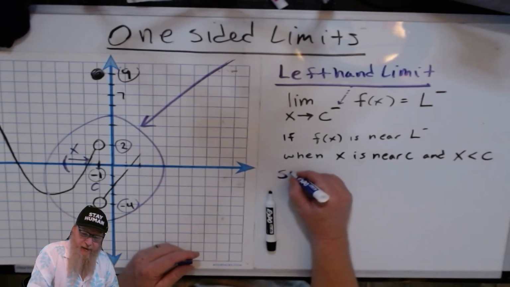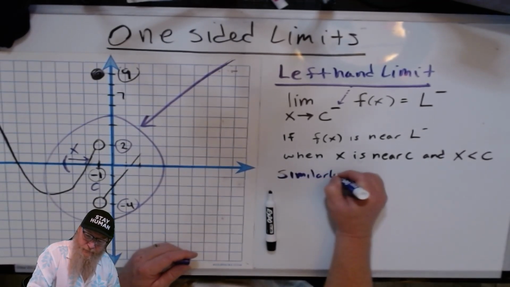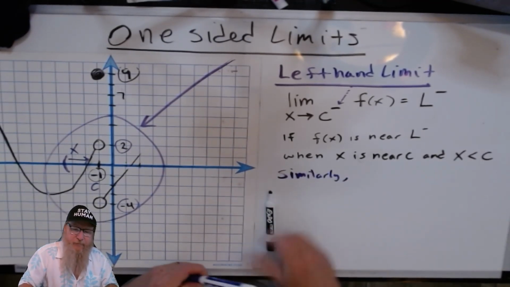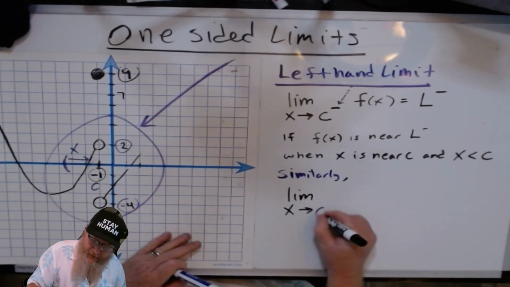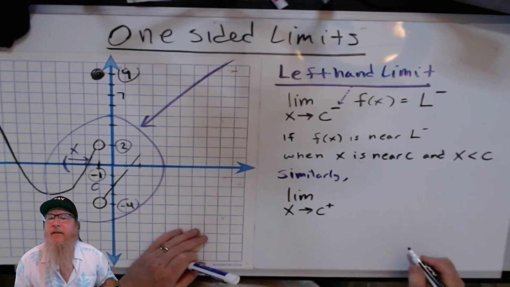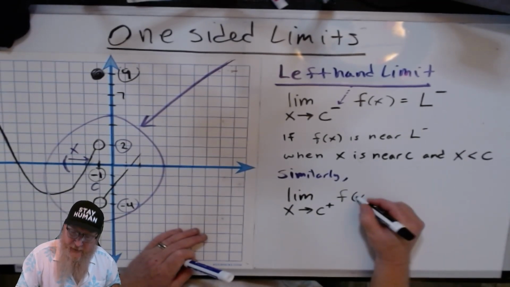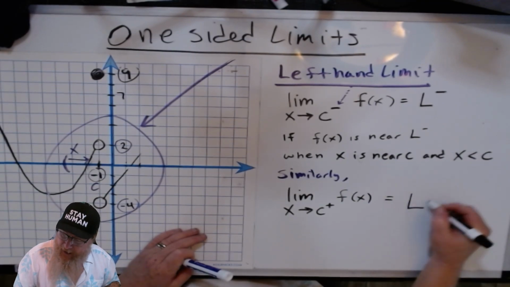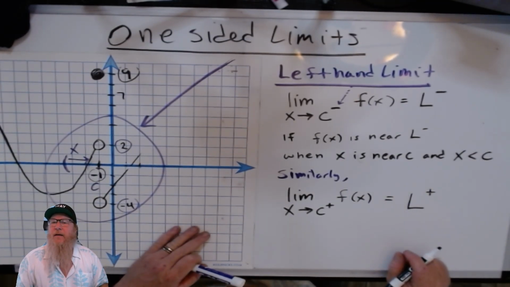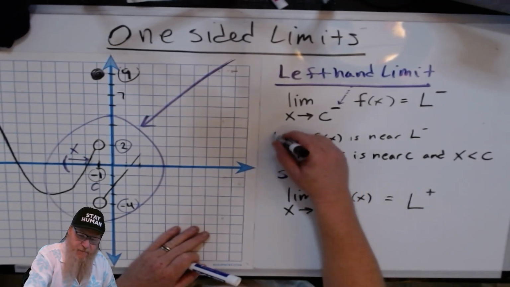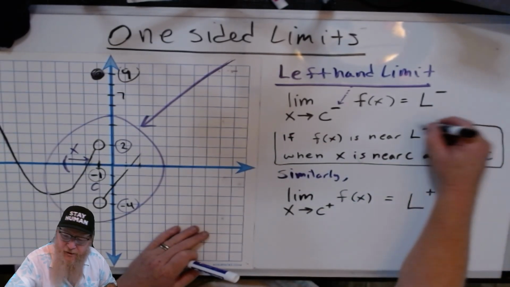And then similarly, the limit as x approaches c from the right of f of x is L plus. And it's going to have the same basic definition.